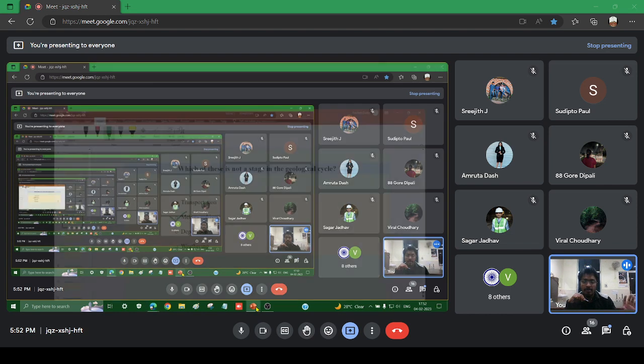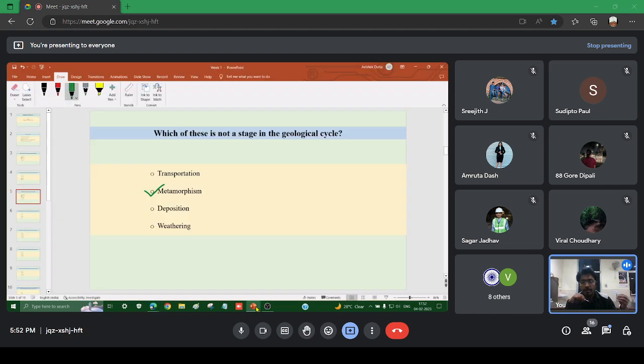It can be igneous rock, sedimentary rock, or another metamorphic rock. Metamorphic rocks are formed by change in the structure and pattern of the parent rocks. So metamorphism refers to the transformation, change in form. So change in any kind of form is not a stage in the geological cycle. Understood? I hope this is clear.